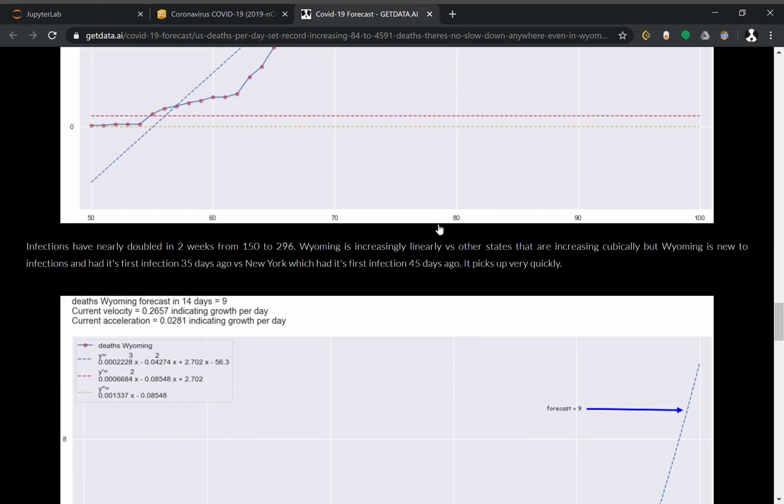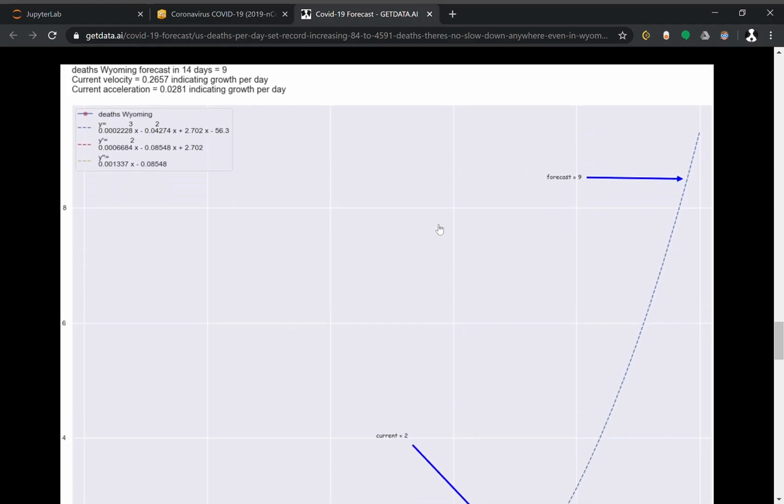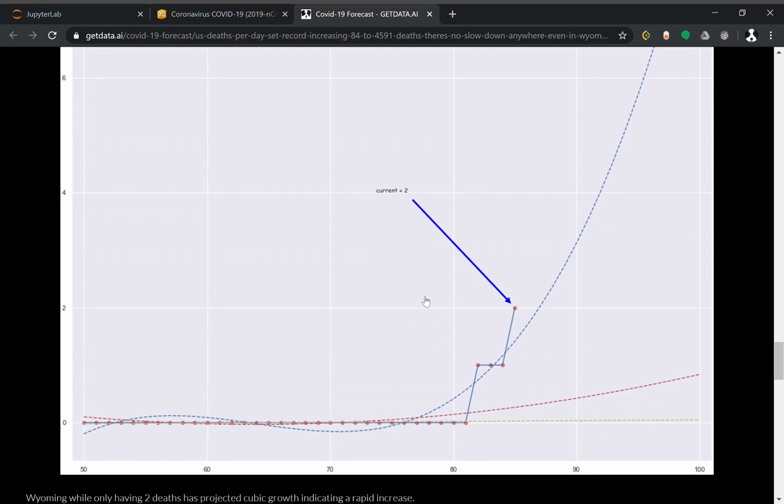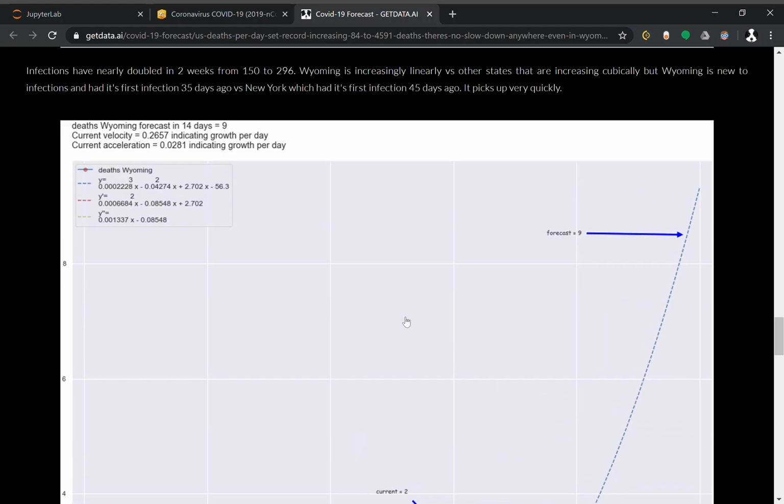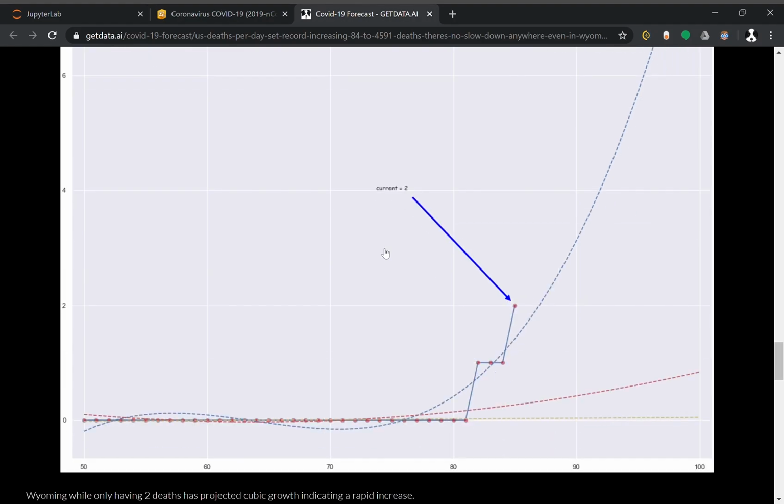Okay. Now, if you look at deaths in Wyoming, right? There were no deaths in Wyoming until recently, and now Wyoming has 2 deaths. So this is representing 1 death, and now 2 deaths, and deaths are on the move now. It's early. Okay, and if you look at other charts, you'll see it'll spike and then kind of come down.